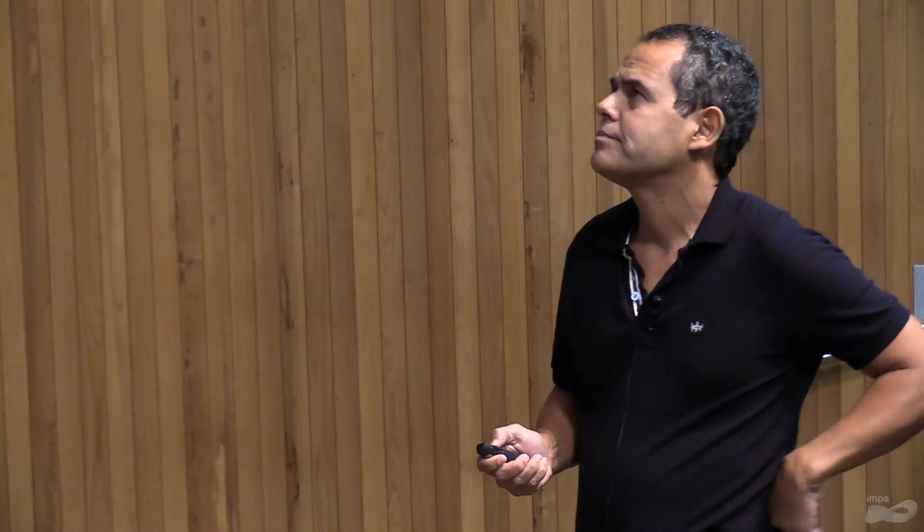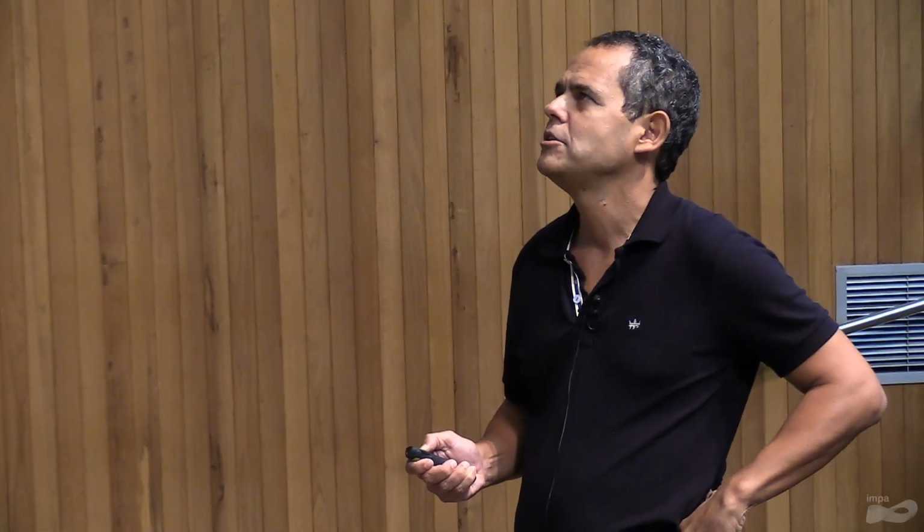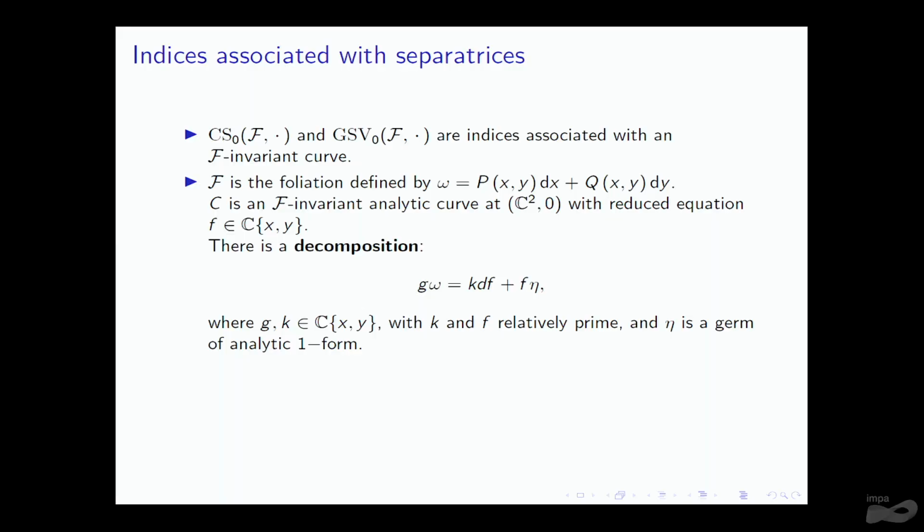And now, the CS index and the GSV index are associated with invariant curves. So how can I calculate them?